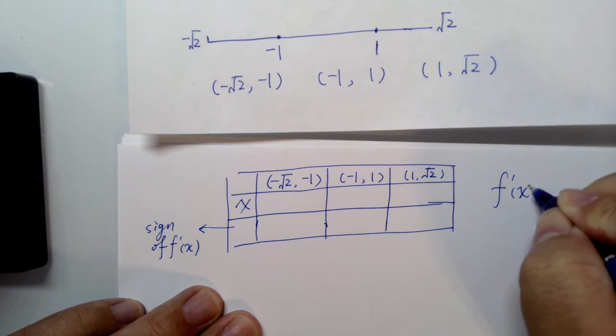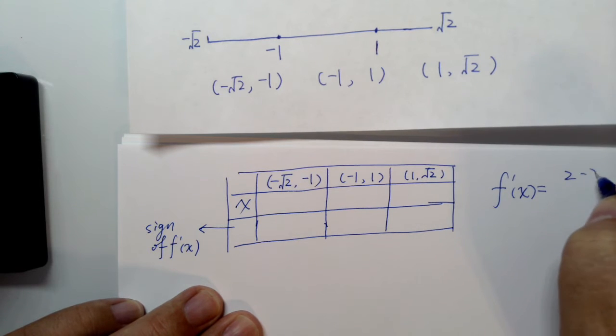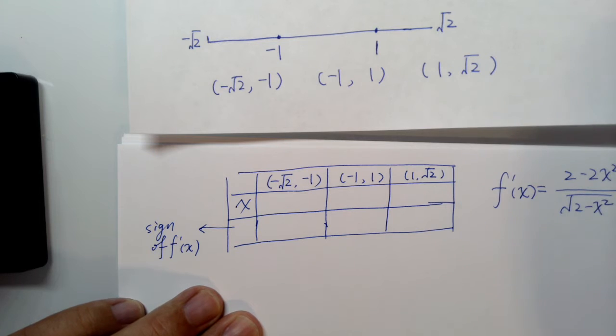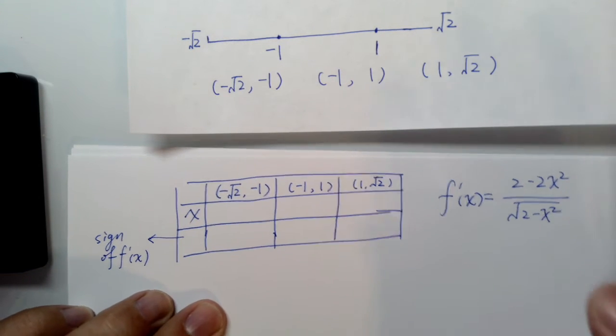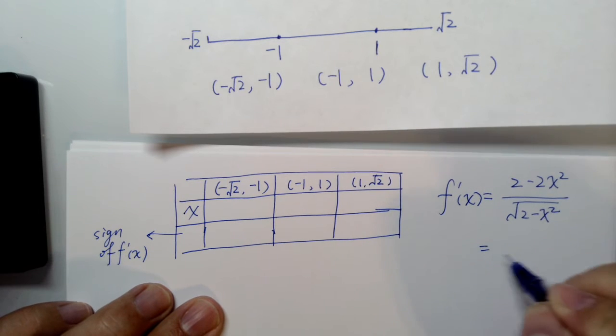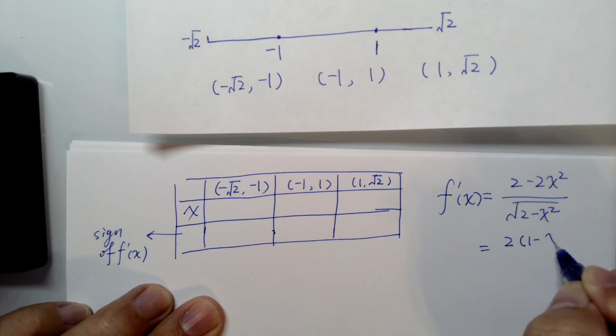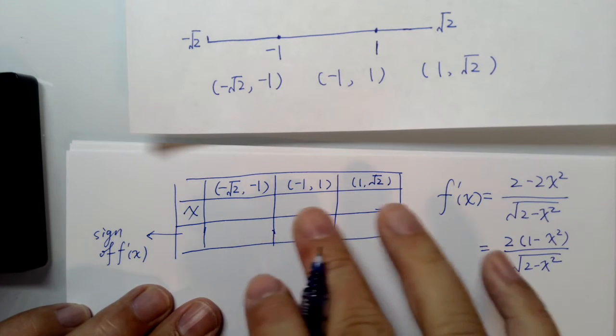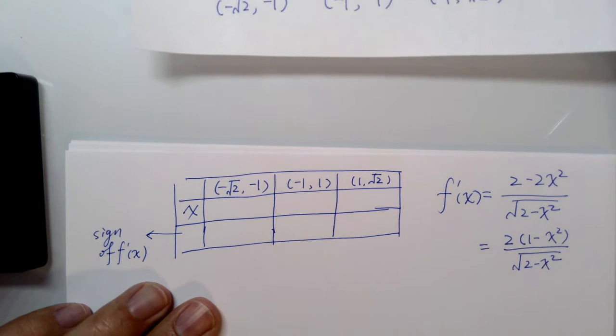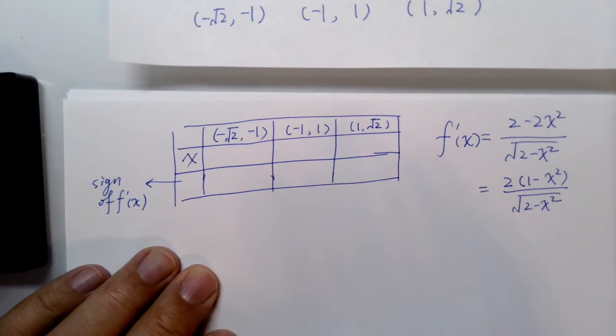Let me also write it. Here, the derivative of this function is 2 minus 2x squared over the square root of 2 minus x squared. Before you do this, let us do slightly analytic thinking.